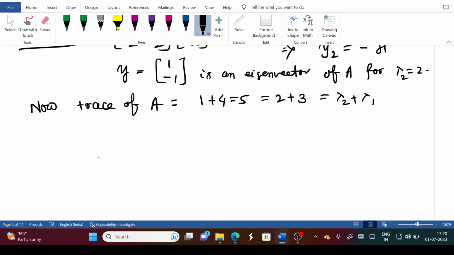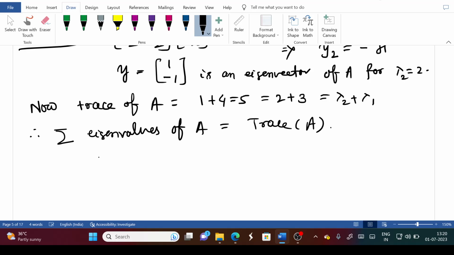So what we got? The sum of the eigenvalues of A is equal to the trace of the matrix. So therefore, the sum of eigenvalues of A is equal to trace of A.